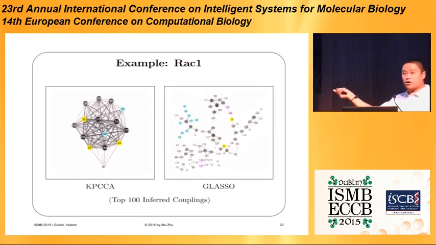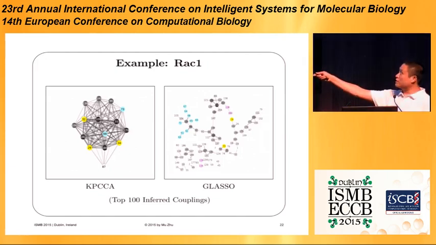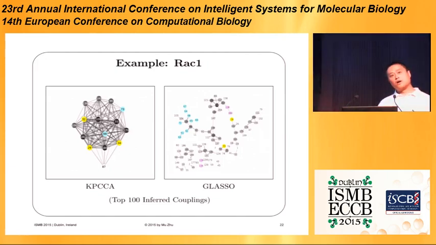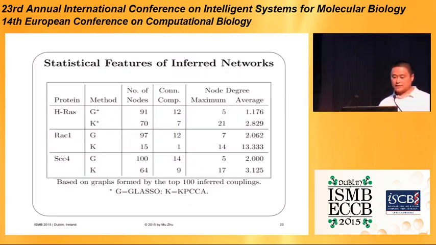Compared with our own graphical lasso network, the idea is our new method gives us more connected, highly concentrated graphs than graphical lasso. So here the blue and the yellow are residues from the switch 2 and switch 1 regions, and they're connected together.